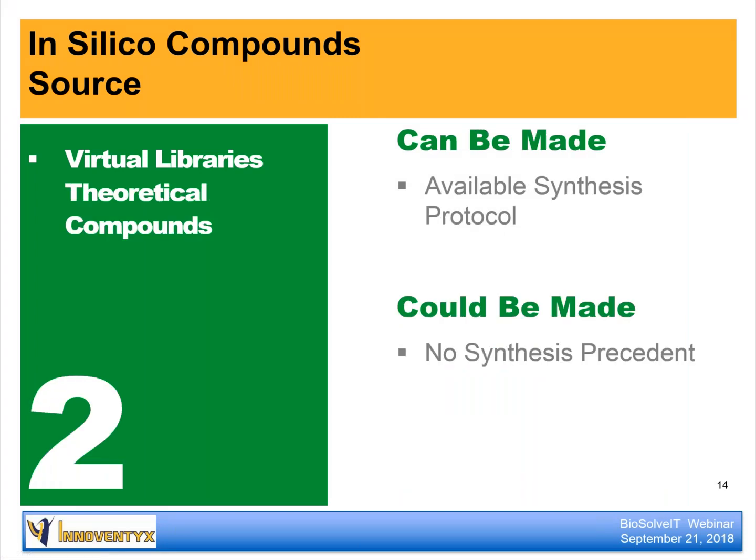And then there are virtual libraries when we're using just theoretical compounds. And even here we have two kinds of flavors. One is theoretical compounds that are possible to be made, because you are basing new entities on a published or a synthetic route that you have developed, so that they can be made.